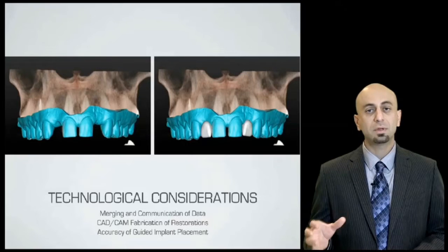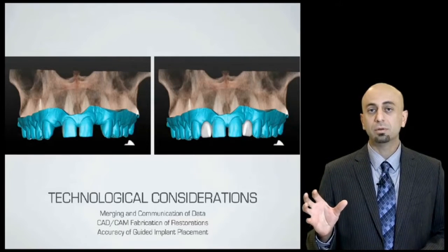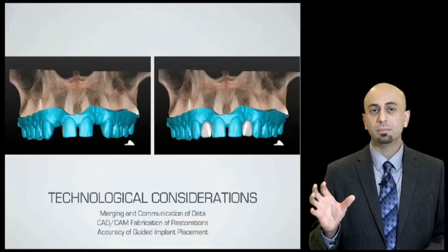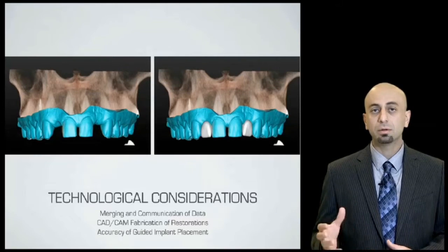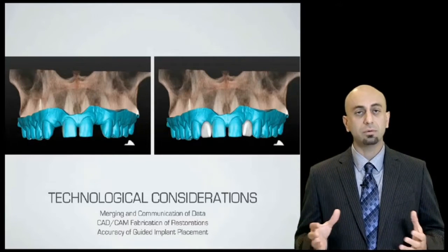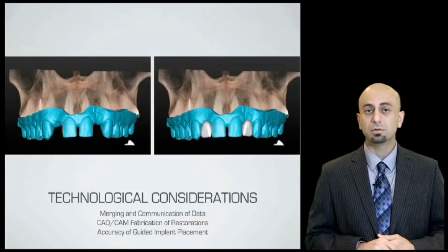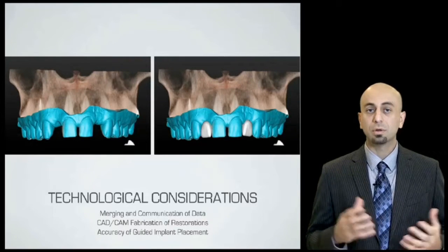The cone beam CT scan gives us very detailed material based on the patient's bone, bone quality, bone quantity. However, the surface topography is not going to be what we would like in terms of resolution to treatment plan a surgical guide, for example.